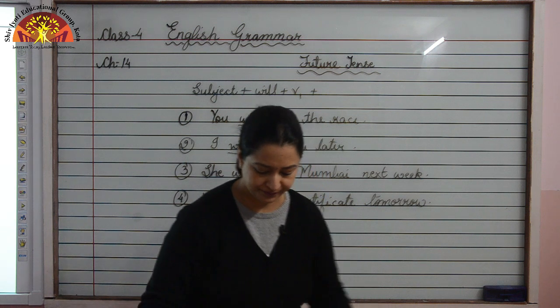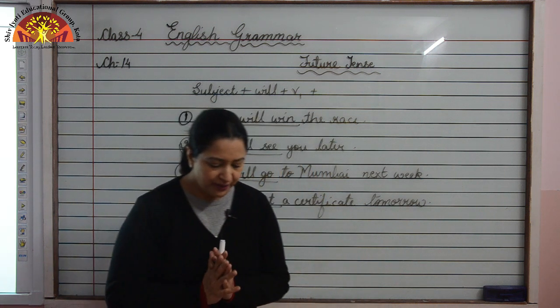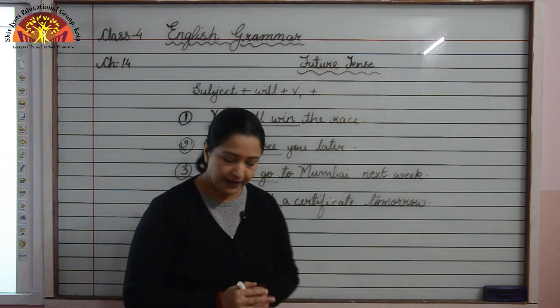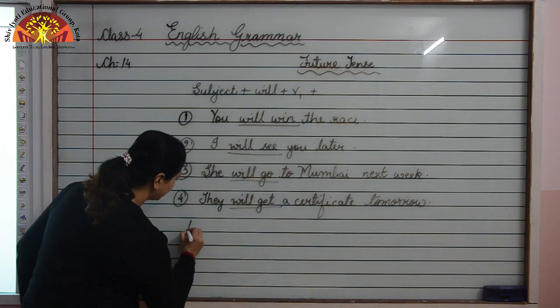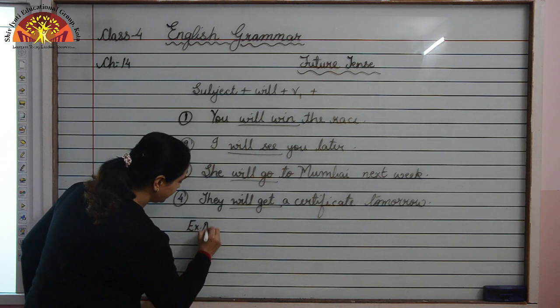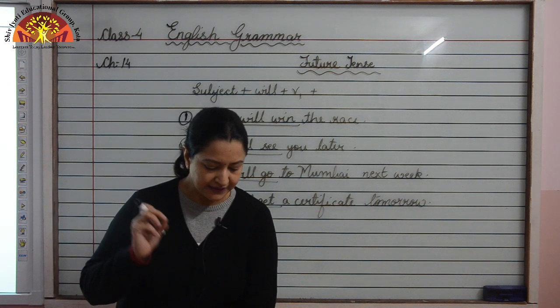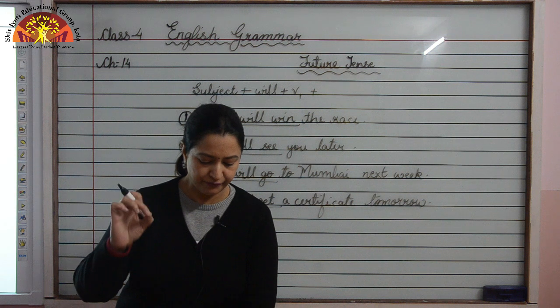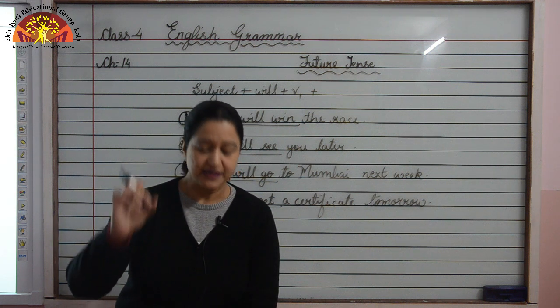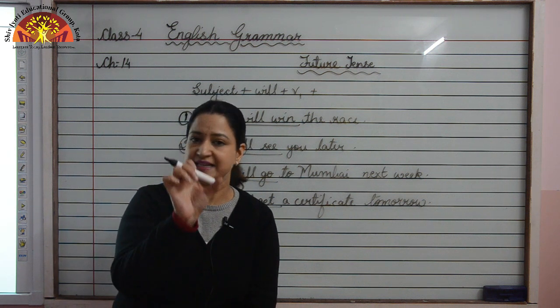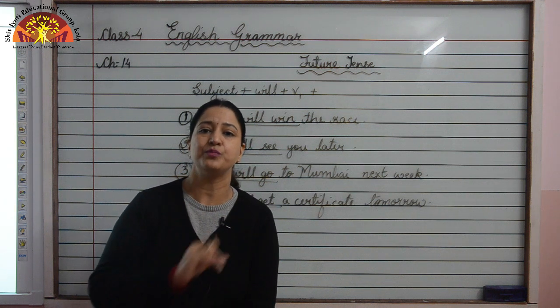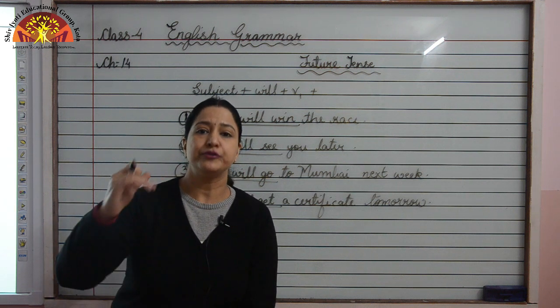Okay. Now open page number 59, exercise number A. Exercise number A. Now number 3, the table dash if you sit on it. Okay, so in bracket break is given there. Now we have to make it a sentence of future tense.